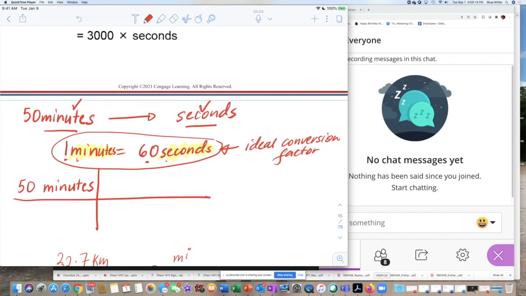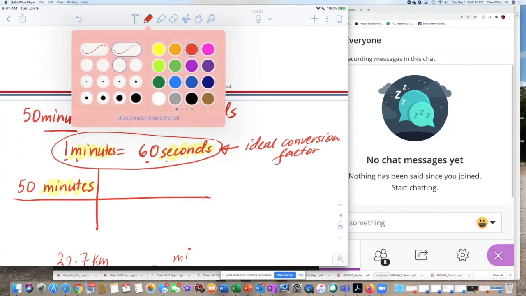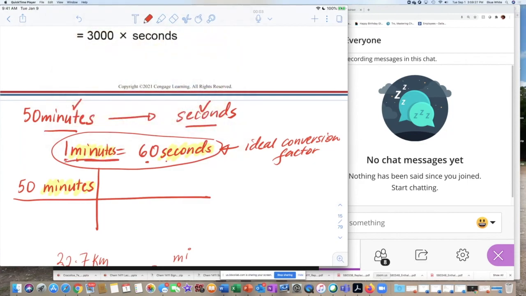Since I have minutes up here, I have to put the minutes on the bottom. So I take this number. Even though they're multiplied, they come in as a combo. So I write here 1 minute, and then the 60 seconds goes on top. 60 seconds. The minute and the minute have to cancel out, and what I'm left with is whatever number I get with the unit seconds.